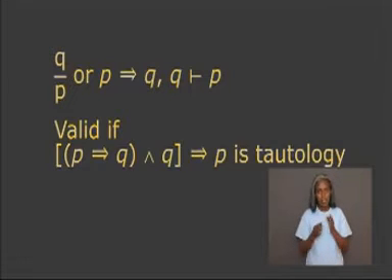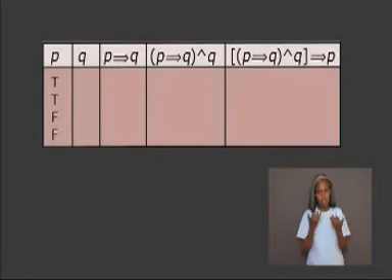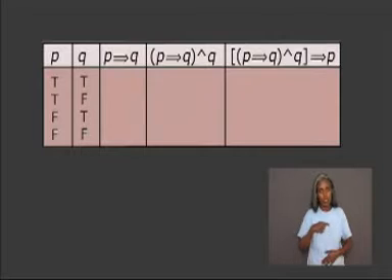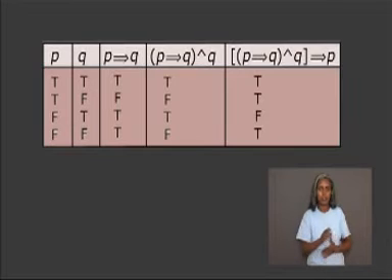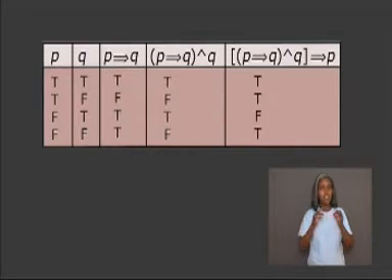If this implication is always true, the argument is valid. Now we can construct a truth table to assess the possibilities. The truth table for this statement looks like this.